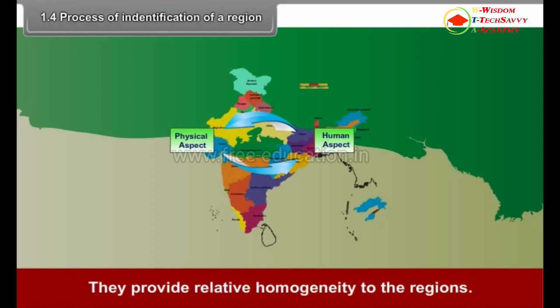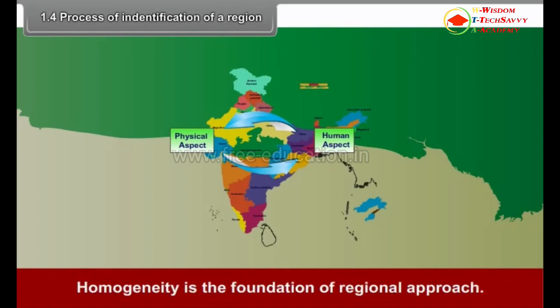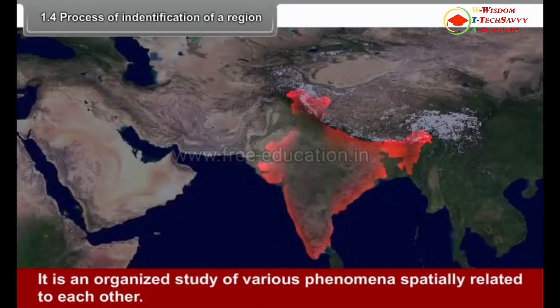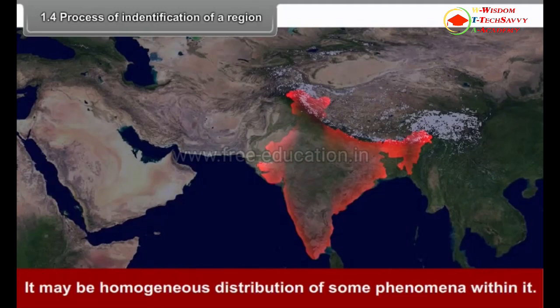They provide relative homogeneity to the regions. Homogeneity is the foundation of regional approach. It is an organized study of various phenomena spatially related to each other. There may be homogeneous distribution of some phenomena within it.